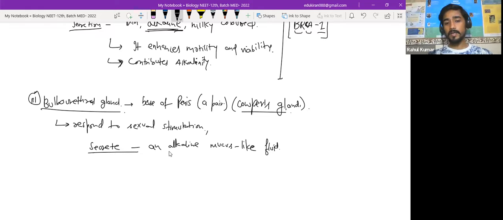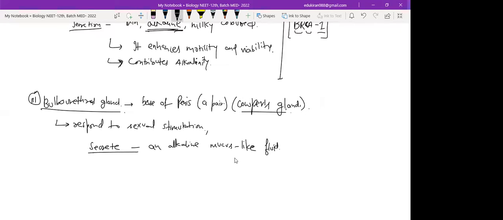Now clearly you can understand, this is the gland at the base of the penis from where the urethra begins, and this is the gland which responds to sexual stimulation. So this is the first gland that secretes and makes the lining more alkaline. And what does mucus do? What is the role of mucus anywhere in our body? Protection. Apart from that? Sir, to provide smooth lubrication.